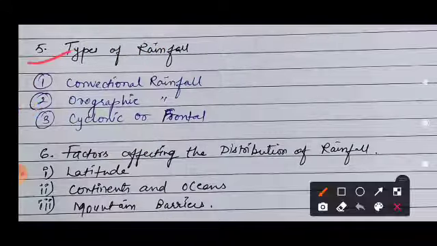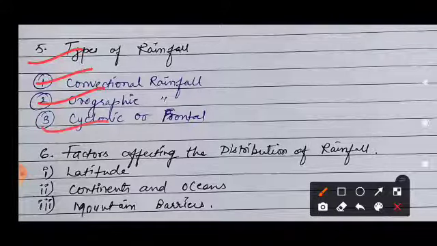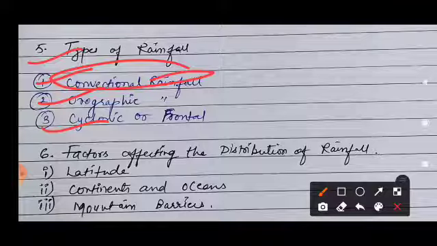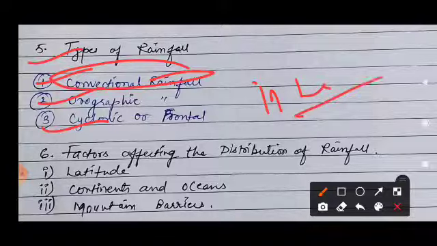Then types of rainfall. Basically it is of three types: convectional, orographic, and cyclonic or frontal. First of all, the convectional, which we generally call the general rainfall. This convectional rainfall directly depends on two factors. First is the intense heating of the surface, and second is an abundant amount of moisture.